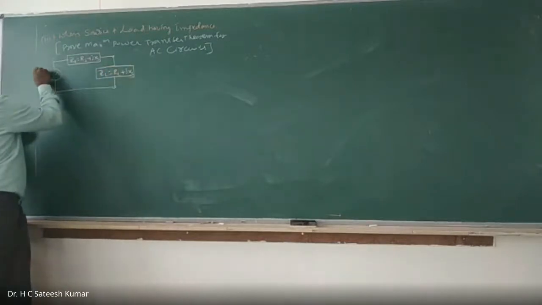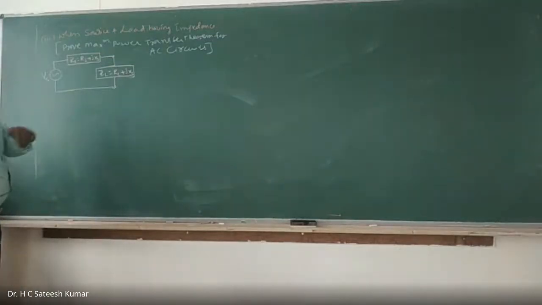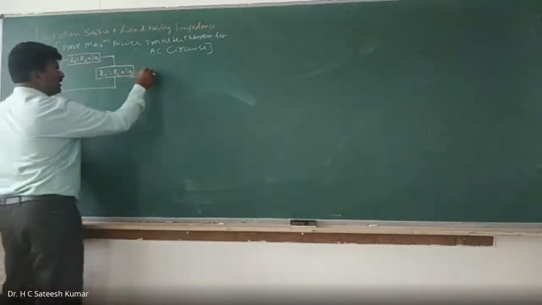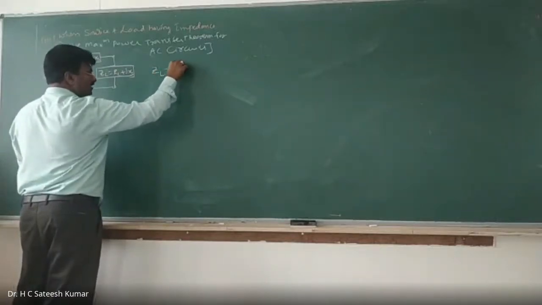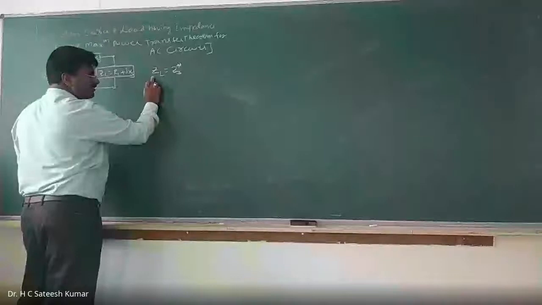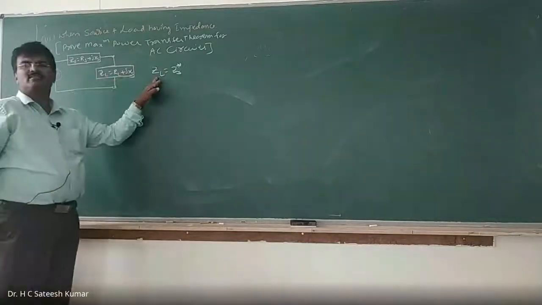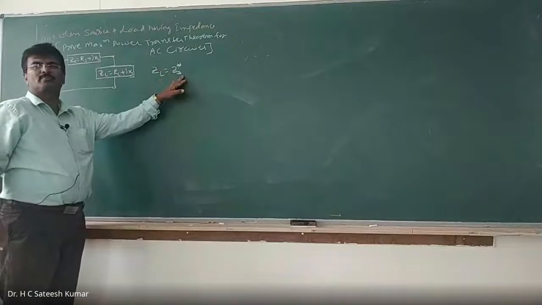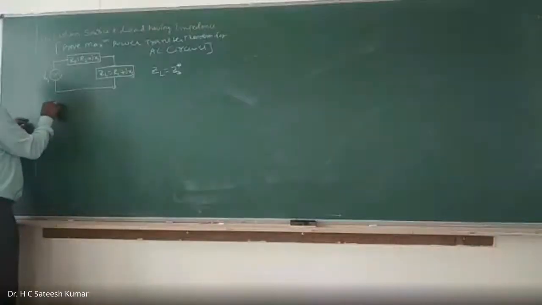This is your Vs. Okay, right. Now, according to this, what is the condition we proved? ZL should be equal to ZS*. That means maximum power will be transferred from source to the load when the load impedance is equal to the complex conjugate of the source impedance. That we need to prove. Proof.